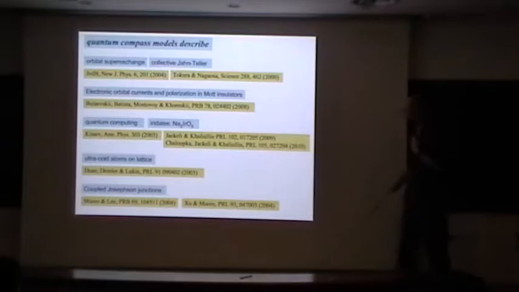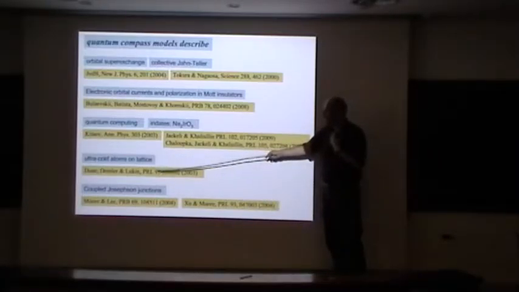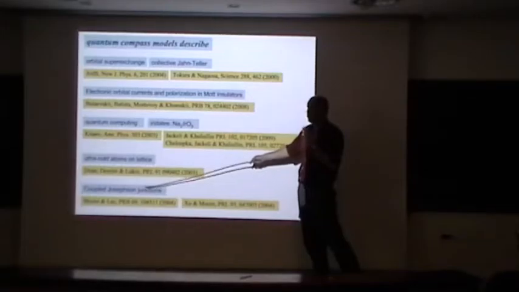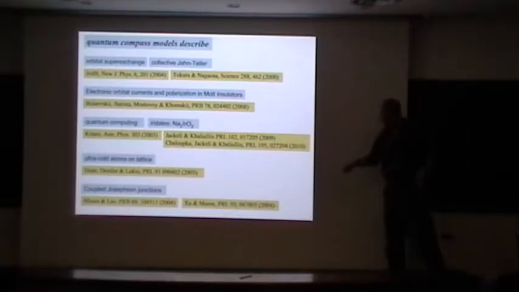Of course, anything that can be realized in a solid state nowadays can also be realized by cold atoms on a lattice. This was first proposed by Eugene Demler in the context of Kitaev's model. Also, if you consider coupled Josephson junctions, you can realize the 90-degree compass model, which was pointed out by Joel Moore and co-workers. So these models appear in a broader context.